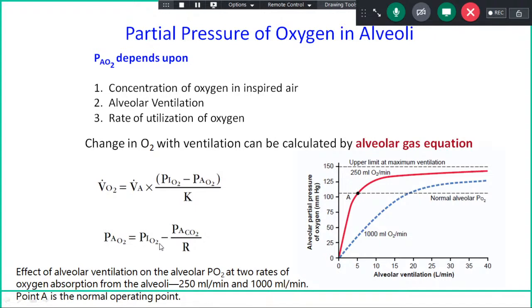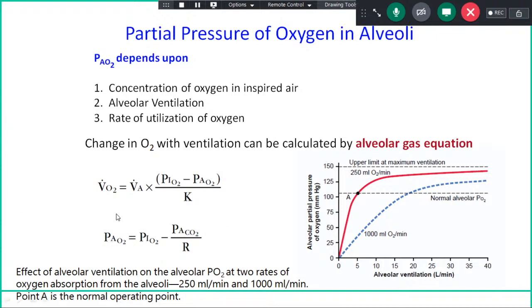But if it reaches 149, that means there is no alveolar CO2. Normally we say that alveolar CO2 partial pressure is about 40 millimeter of mercury, and in a normal subject it goes up and down by 2 to 4 millimeter of mercury.